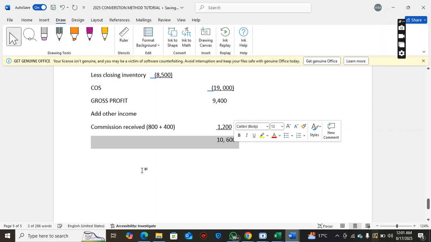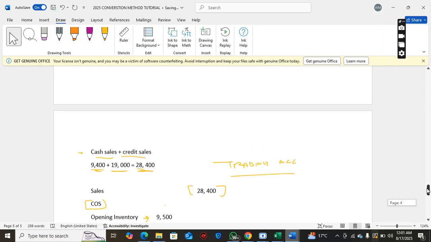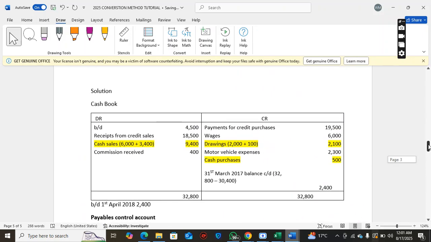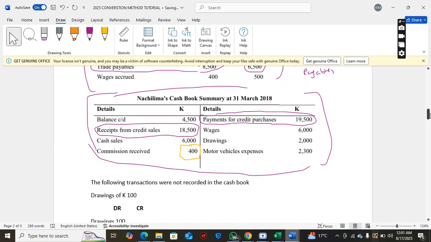Now, as Mr. Chimunya said, we deduct expenses, less expenses. So the first expense we can deal with is, let's see, what expenses do we have? We have motor vehicle expenses, 2,300. What else? We have wages expense. The drawings, this goes in the balance sheet.